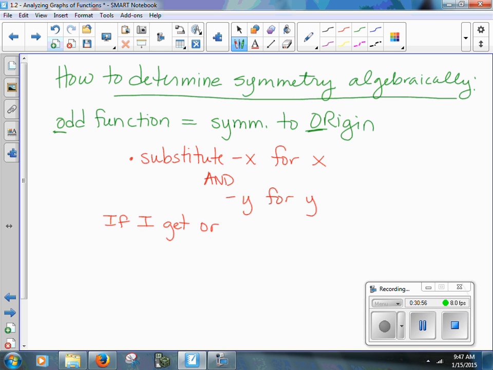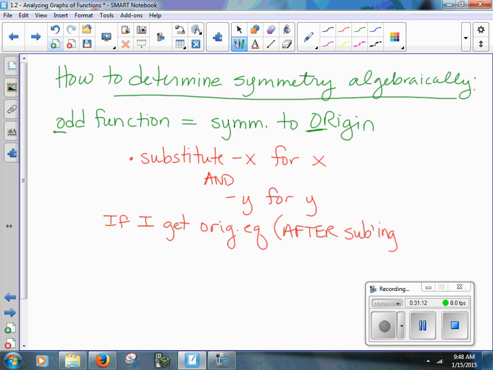If I get the original equation after substituting, does that make sense? Look at the way I have that written out. Does that make sense?